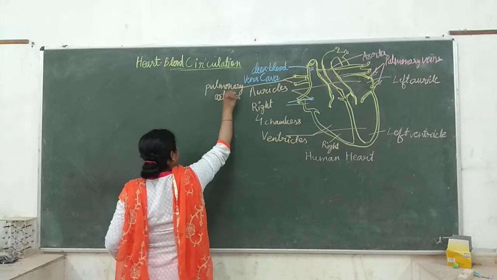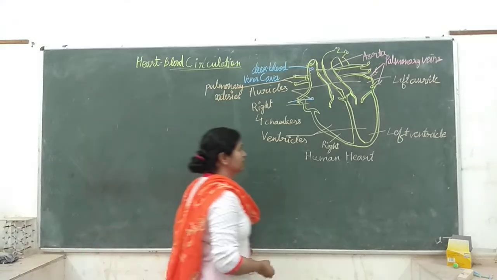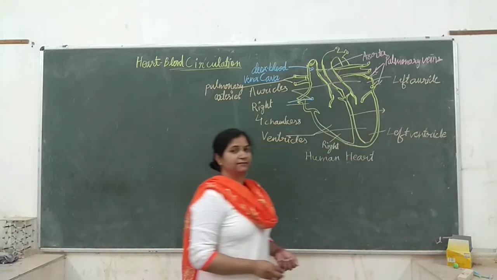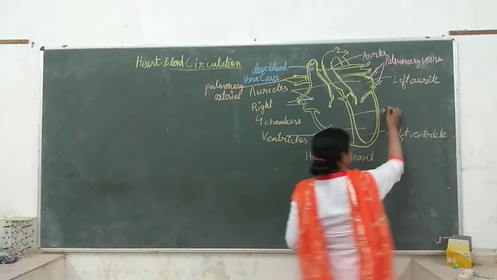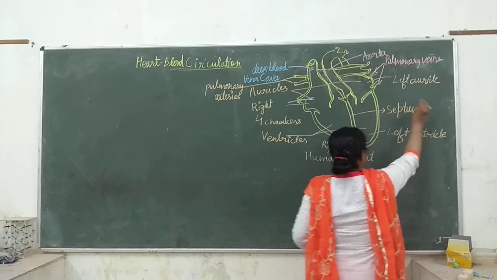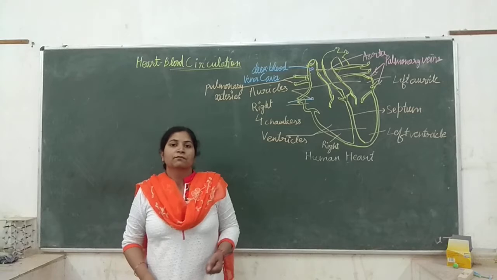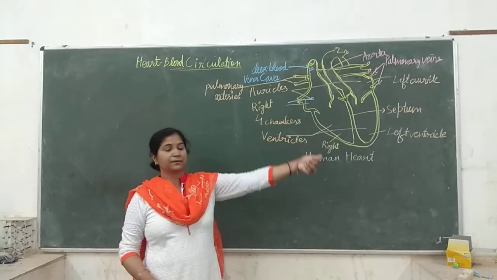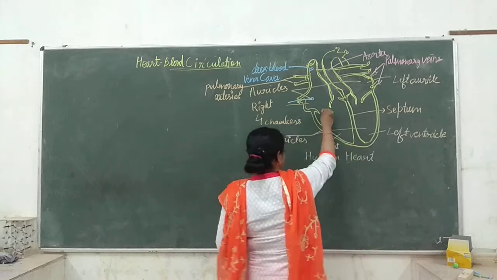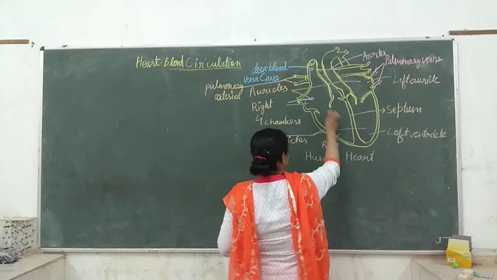Now, after labeling this heart, we can also see this separation between the right and left side of the heart. This is known as the septum. The right side is separated from the left side with the help of the septum.